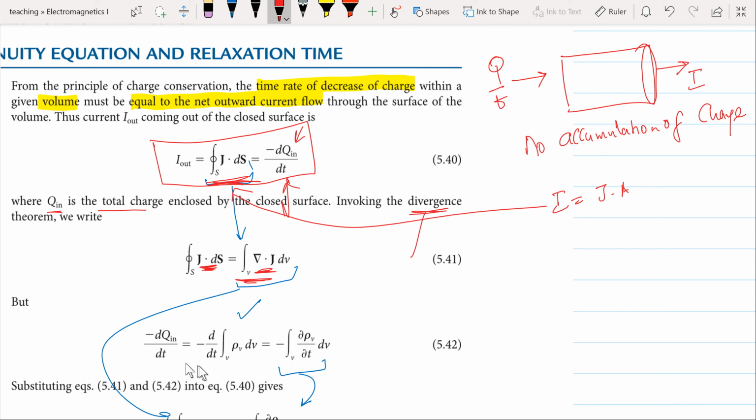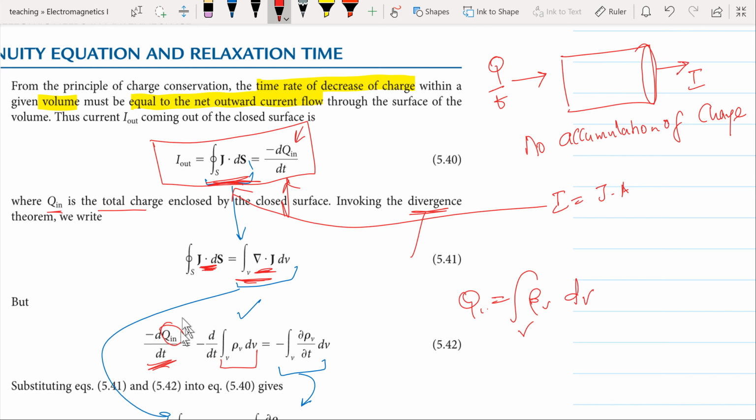And we also know something about the rate of change in charges over time: charge Q is equivalent to the volume charge density integrated over the volume. That is another principle that we have always known, that Q is equivalent to the volume charge density rho V integrated over the volume dV.